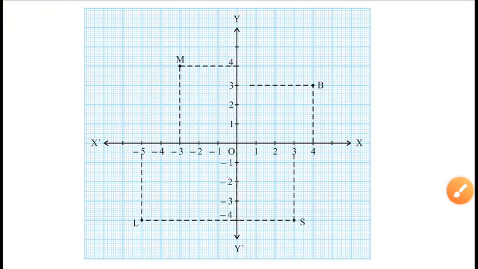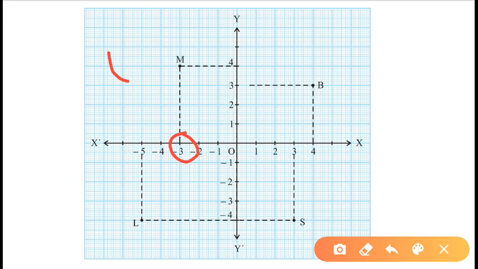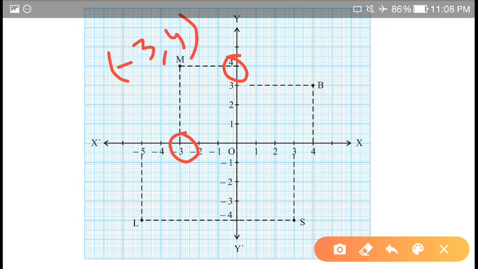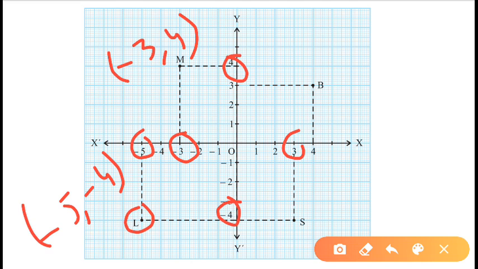M is -3 and 4. L is -5 and -4. And S is 3 and -4. And B we have already done, 4 and 3.